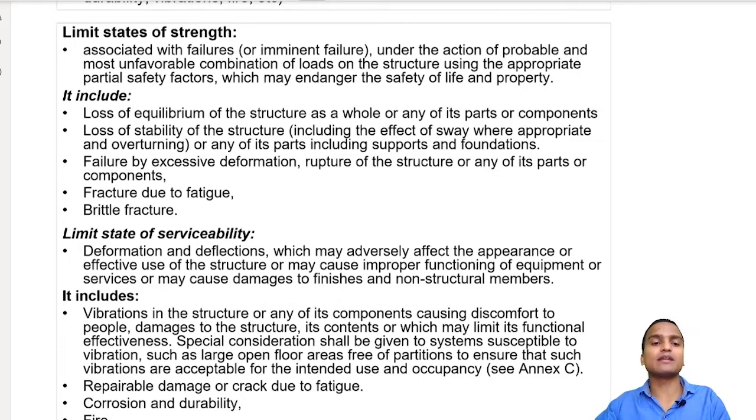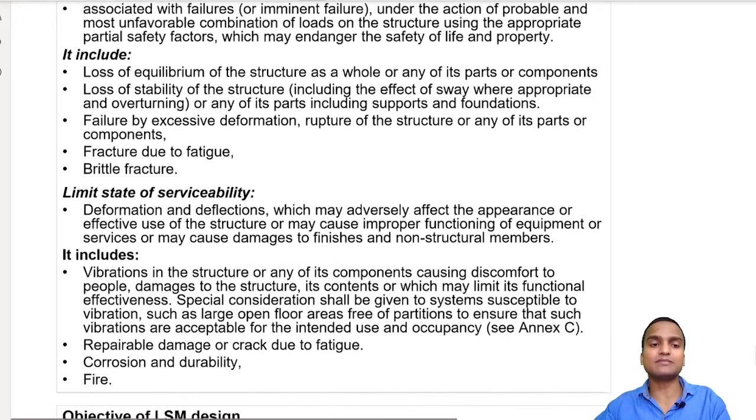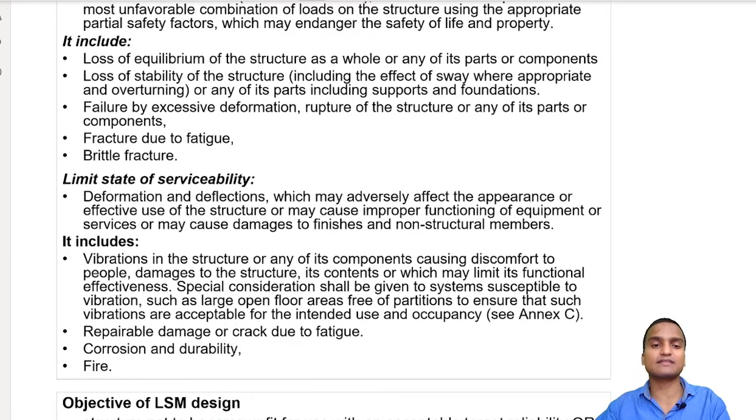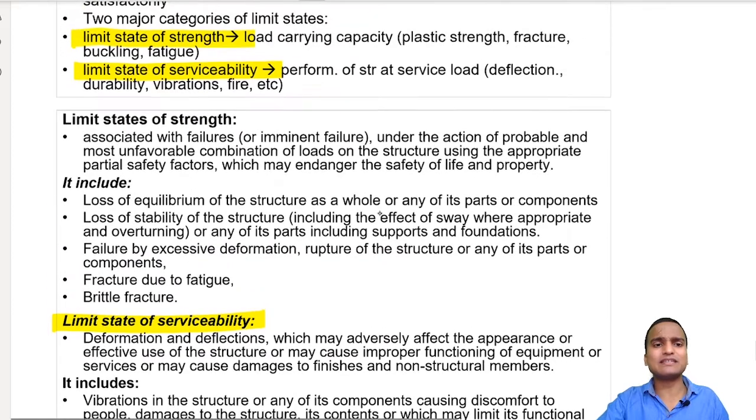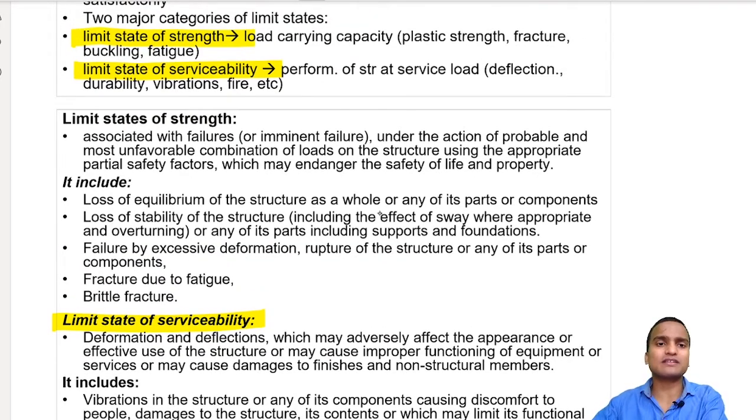Okay, and limit state of serviceability mainly deals with the deformations and deflections, which may adversely affect the appearance or effective use of a structure or may cause improper functioning of equipment or services. So corrosion and durability, fire, cracks, vibration, everything comes in limit state of serviceability, and limit state of serviceability is not very difficult to understand. Basically, the most part of calculation comes under the heading of limit state of strength.